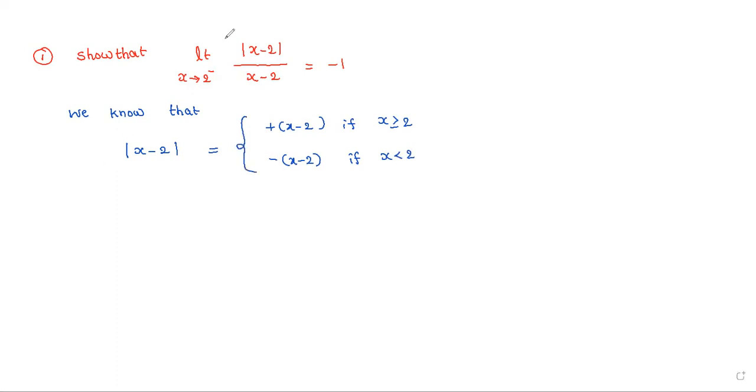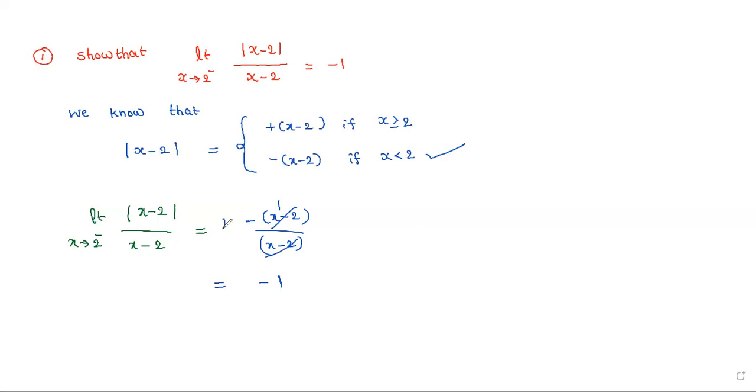Now the question is the limit as x extends to 2 minus of modulus x minus 2 by x minus 2. 2 minus means below value, so consider minus of x minus 2 by x minus 2. This is a cancellation: minus 1. So the limit as x extends to 2 minus is the value minus 1. Okay, proved.